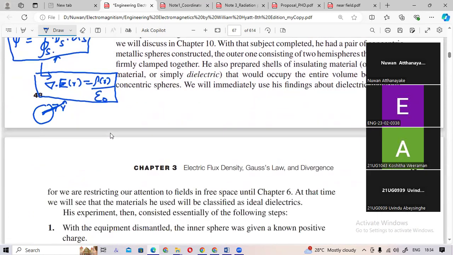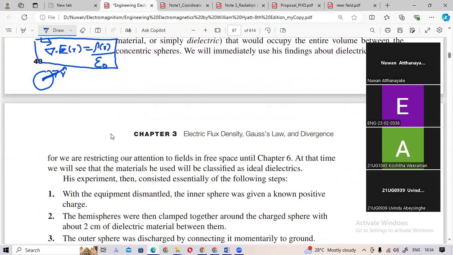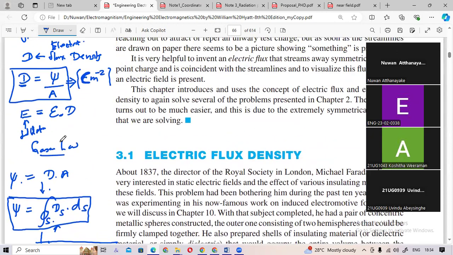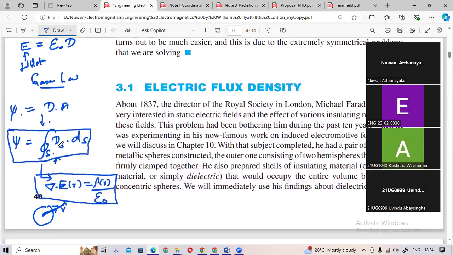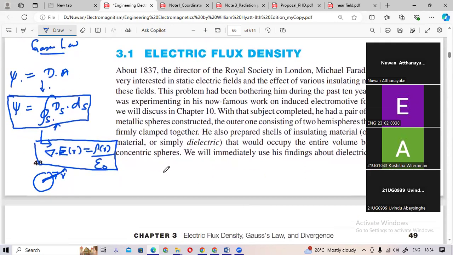So we know that psi is equal to Q. Q can be calculated if there is a volume charge using the volume integral, rho V dV.